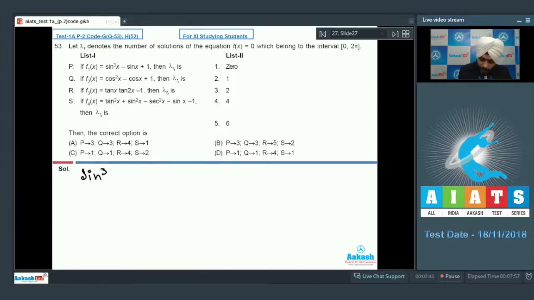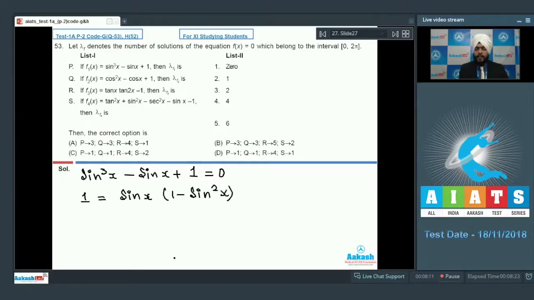f1(x). You have to find out f(x) equal to 0. So sine cube x minus sine x plus 1 equals 0. 1 equal to sin x into 1 minus sine square x. Okay, 1 minus sine square x is cos square x.